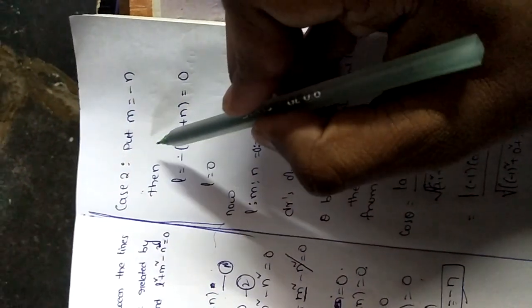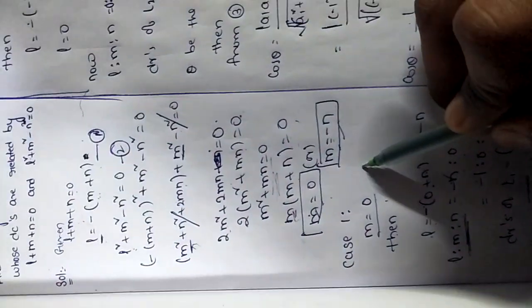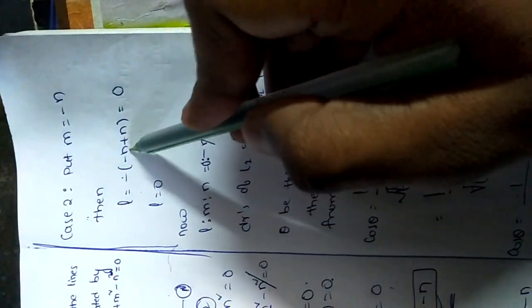Now in case 2, put M is equal to minus N. We have M is equal to 0 and M equal to minus N. We take M is equal to minus N here, then the L value will be L is equal to minus of minus N plus N, which is 0. So the L value will be 0.